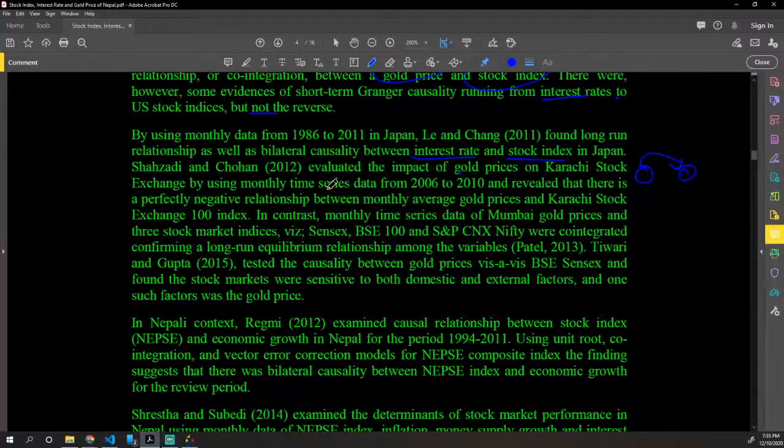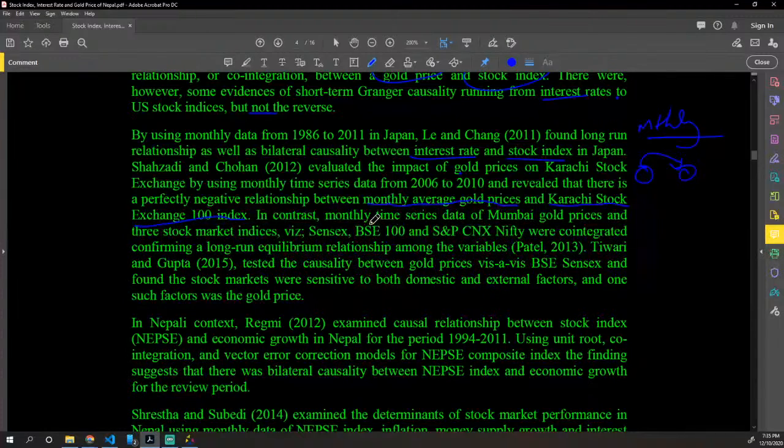By using monthly data, they found a perfectly negative relationship between monthly average gold prices and the Karachi Stock Exchange 100 index.